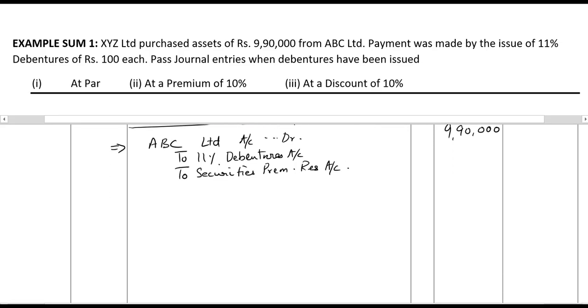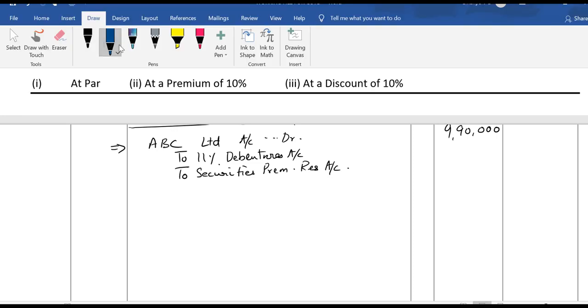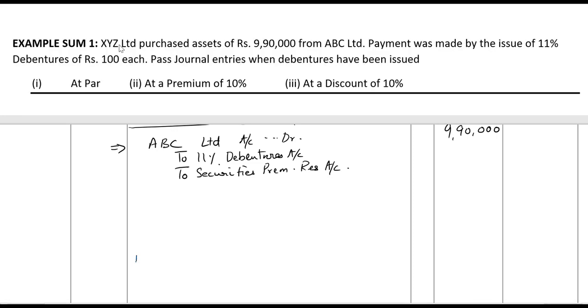Let's ascertain the number of debentures to be issued. Number of debentures is equal to the amount which is payable to the vendor by issue of debentures, 9,90,000 rupees, divided by the issue price of the debenture.